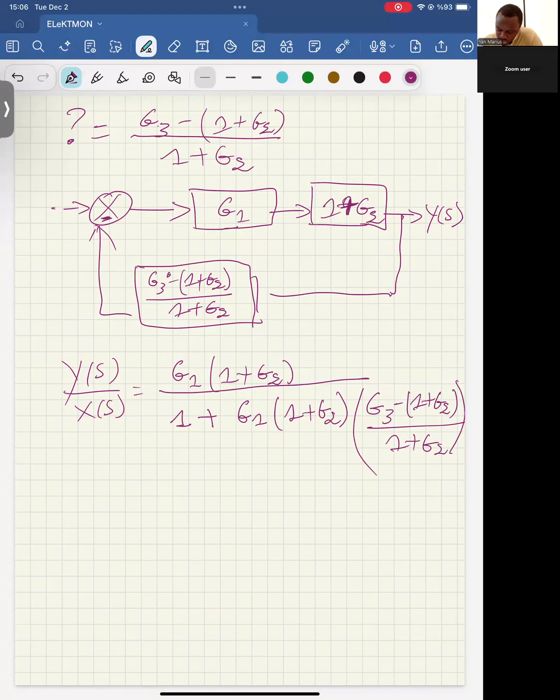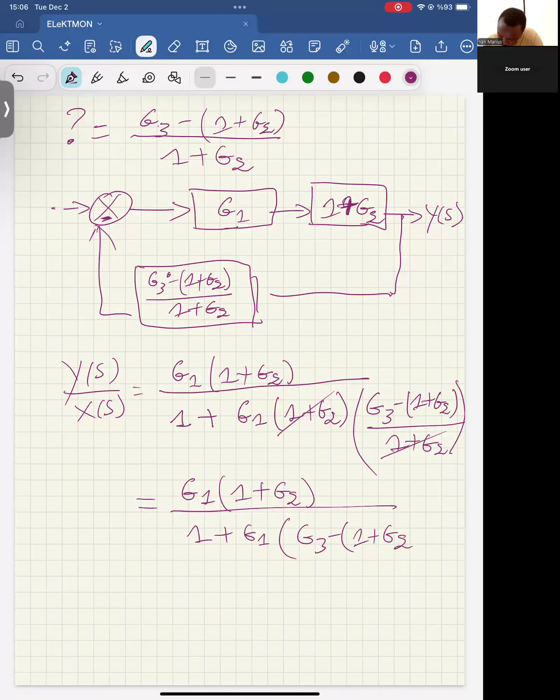If you want, we can organize it, but we already have a value. We can simplify here. And our final value is going to be G1 over 1 plus G2, divided by G3 minus 1 plus G2.